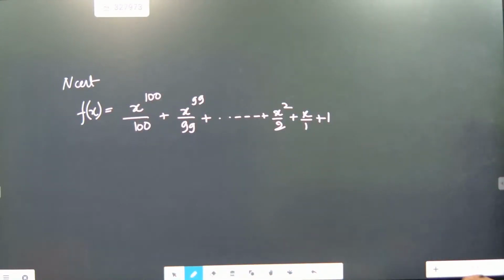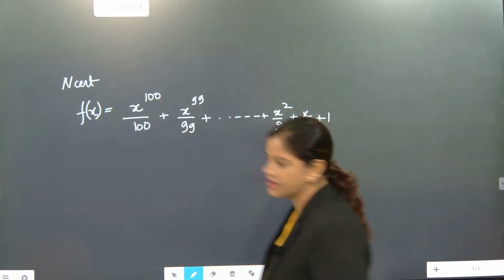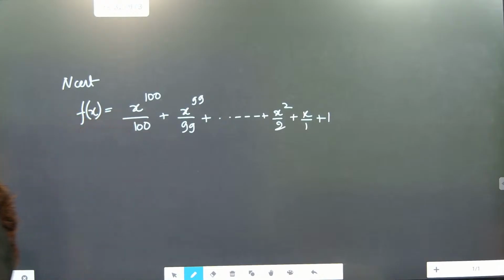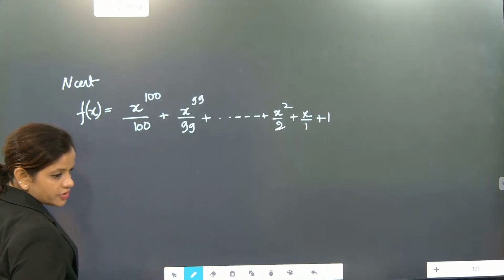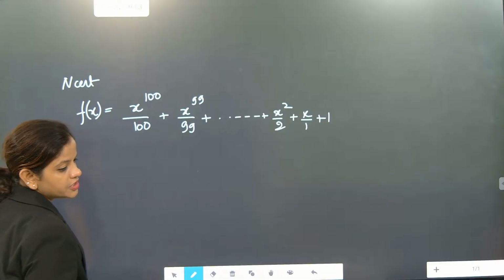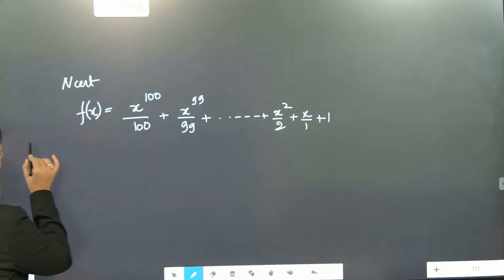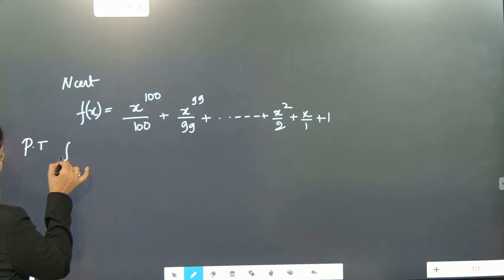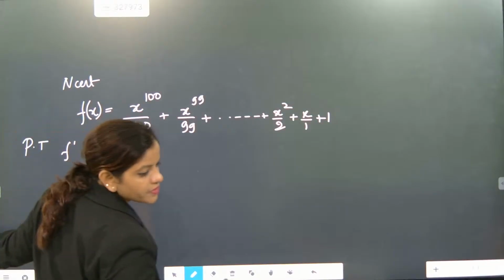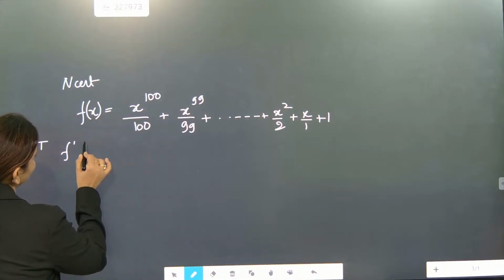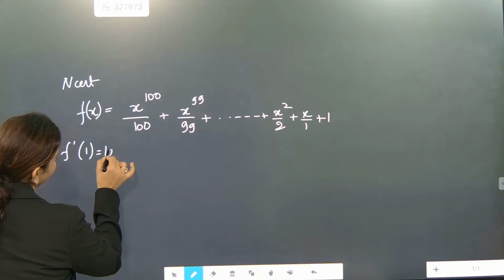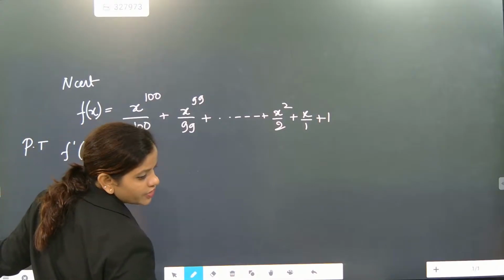So when you have proceeded with f of x to this level, like x to the power 100 by 100, like this you have used. Now we need to differentiate. After differentiation, we have to prove that f dash 1 is equal to 100. This is the first we have to prove.